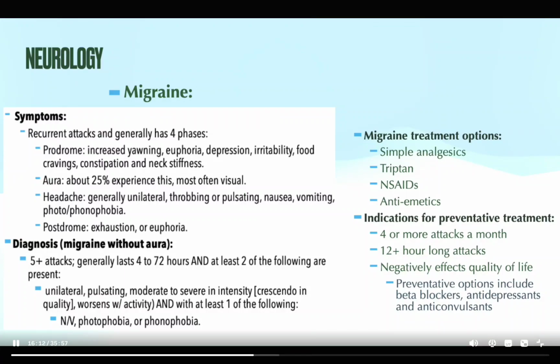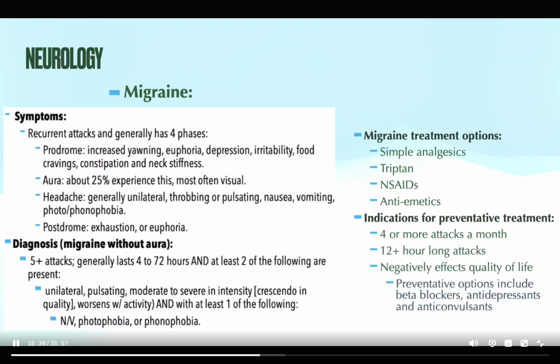Migraine prevention therapy can be indicated for patients that experience migraine headaches 4 or more times a month, or if they're experiencing attacks that last 12 hours or longer, or if overall they're experiencing a lower quality of life from their symptoms. For preventative treatments, there's a couple options. Beta blockers such as metoprolol or propranolol are sometimes used.